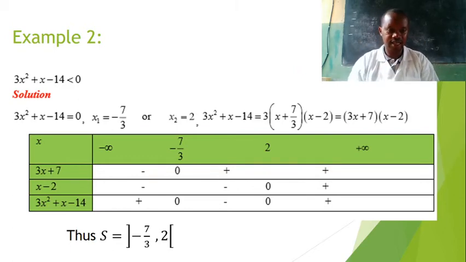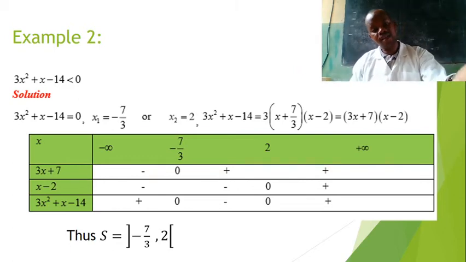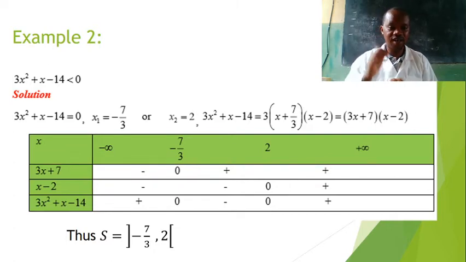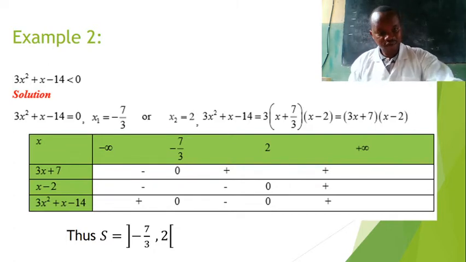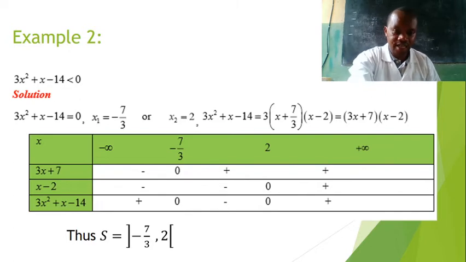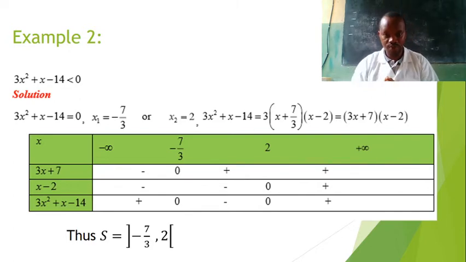And then we check if x is equal to minus 7 over 3. If you replace x by minus 7 over 3 in 3x plus 7, you will get that it is equal to 0. That is why you write this 0.